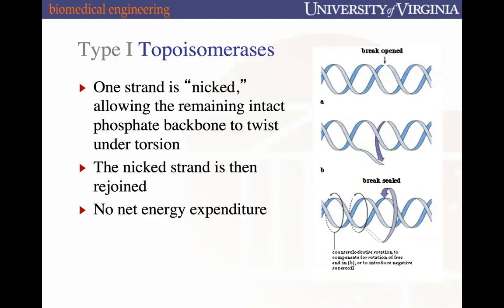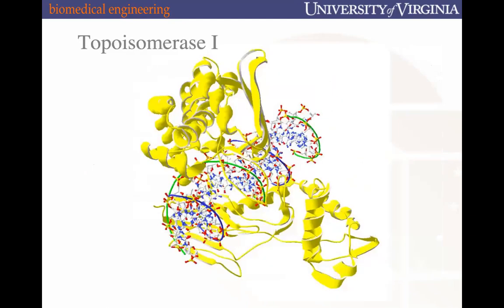Over time, after DNA replication is occurring, these nicks will be repaired or fixed. This is a process that does not have any net energy expenditure. It's a pretty simple process that happens in both eukaryotic and prokaryotic cells. And this is the structure of topoisomerase 1 with the DNA double helix within it.